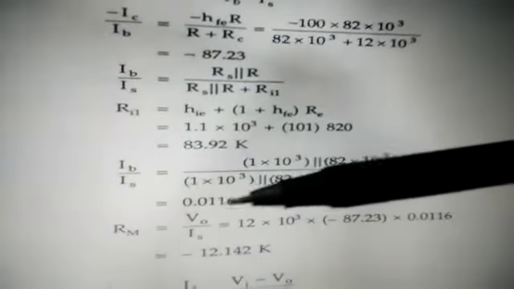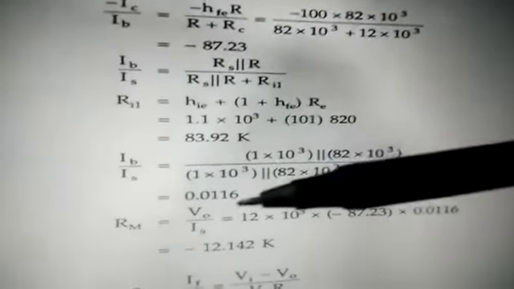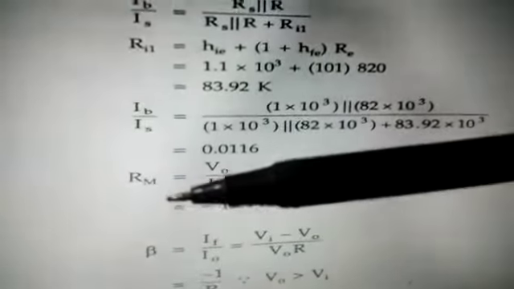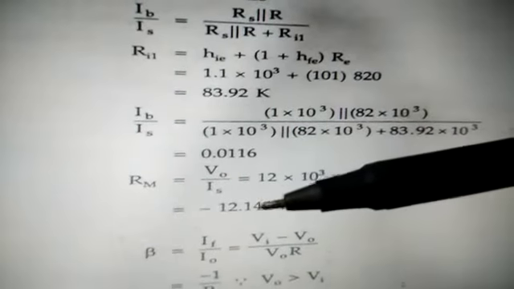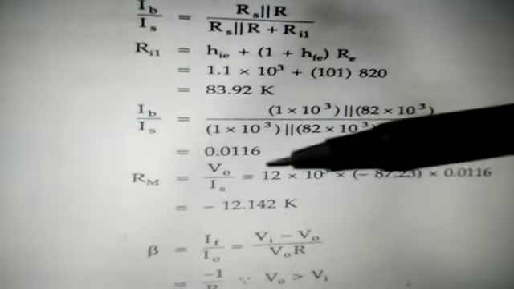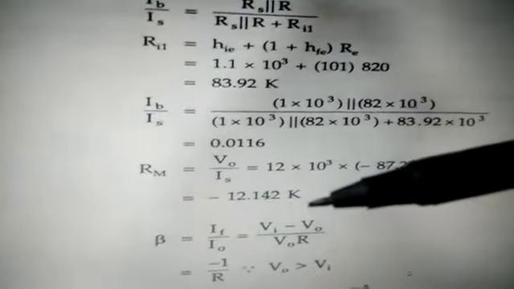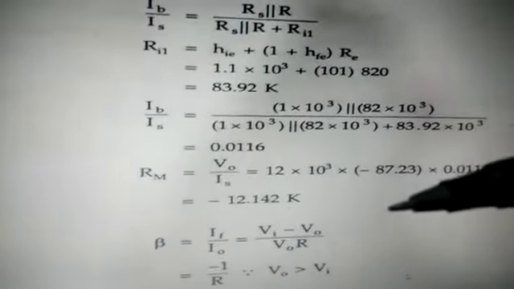And lastly Ib by Is, you can put all the values. You will calculate it as 0.0116. And finally this Rm resistance, you can calculate V0 by Vin, and this comes to be minus 12.142 kilo ohm.